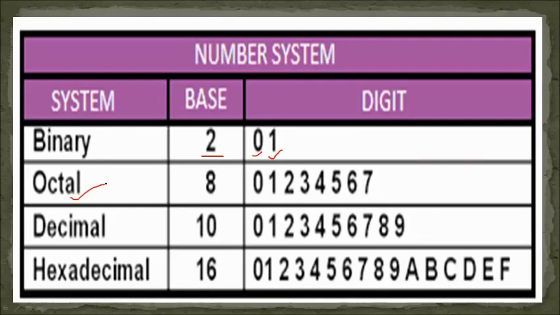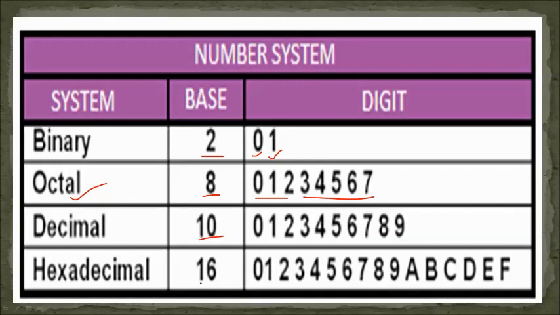Next one is octal. Octal base value is 8 and digits are 0 to 7. So when you count this, you will get 8 digits: 1, 2, 3, 4, 5, 6, 7, 8. Decimal is 10. So again from 0 it starts, so 0 to 9.